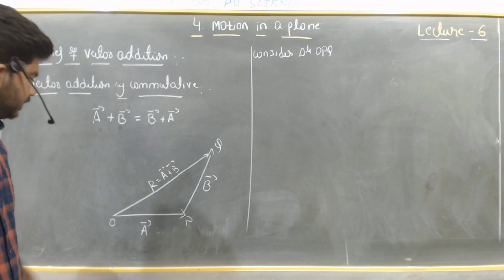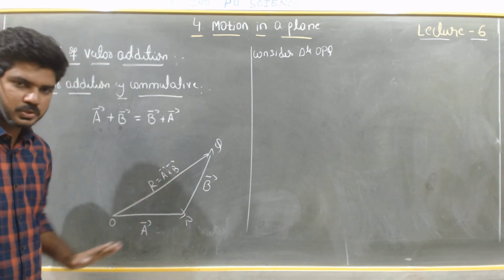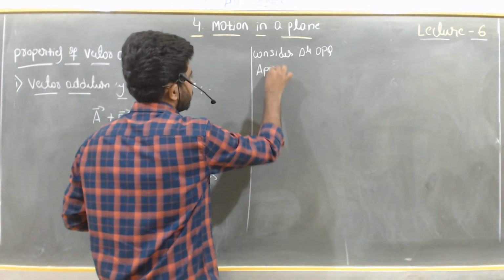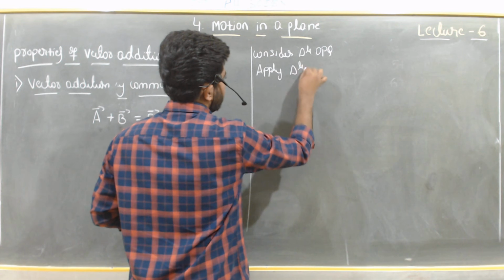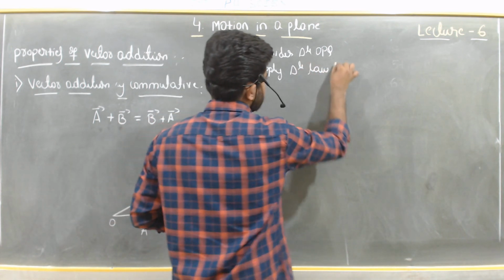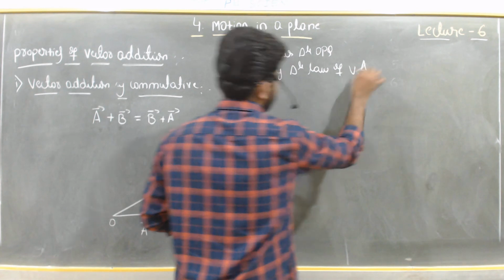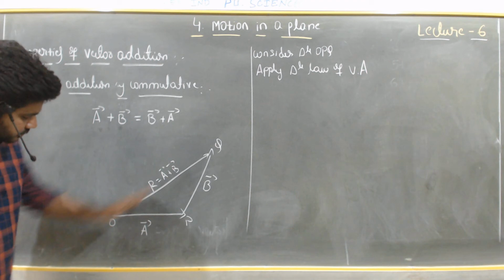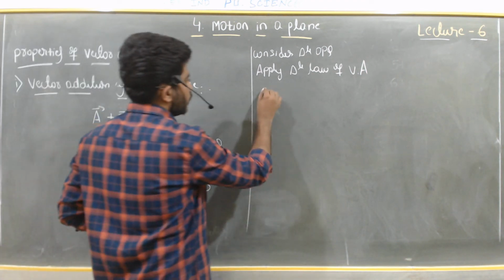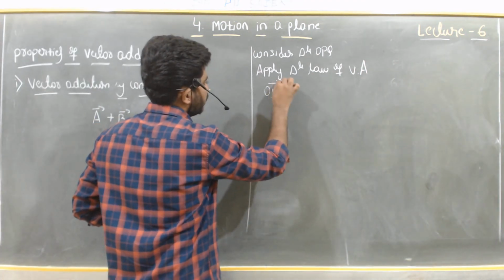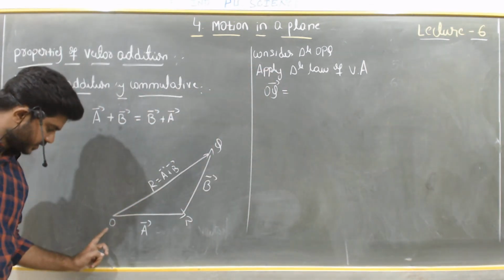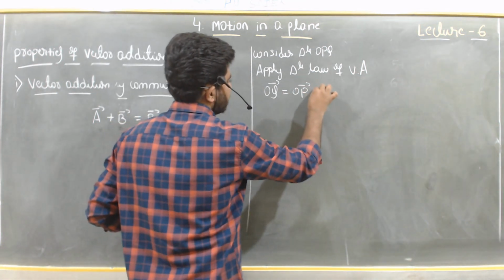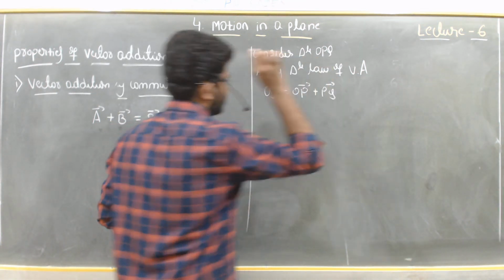Yes, of course, we have got the triangle. Next, we have to add. To add these two vectors, which law do we have to use? Triangle law of vector addition. So apply the triangle law of vector addition. It says the resultant side, that is OQ vector, is equal to the sum of two sides, OP vector plus PQ vector.